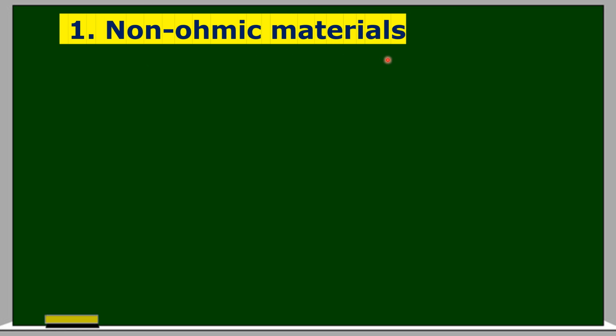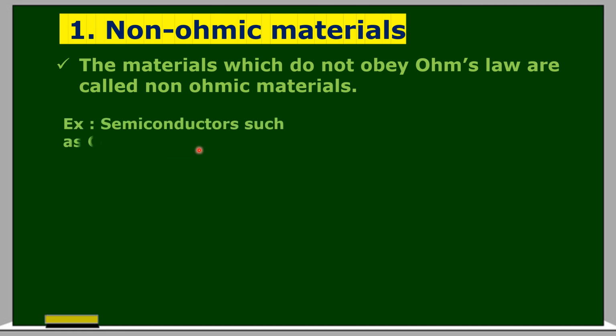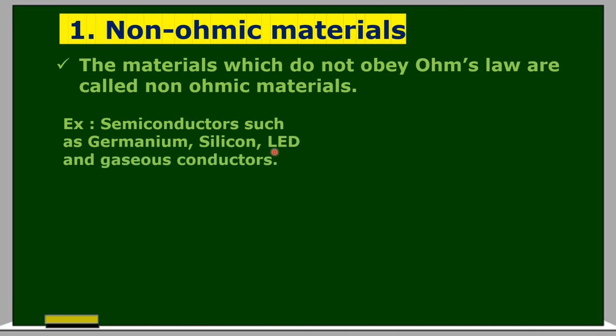Then what are non-ohmic materials? Non-ohmic materials are materials which do not obey Ohm's law. Examples: semiconductors such as germanium, silicon, LED, that is light emitting diode, and gaseous conductors.